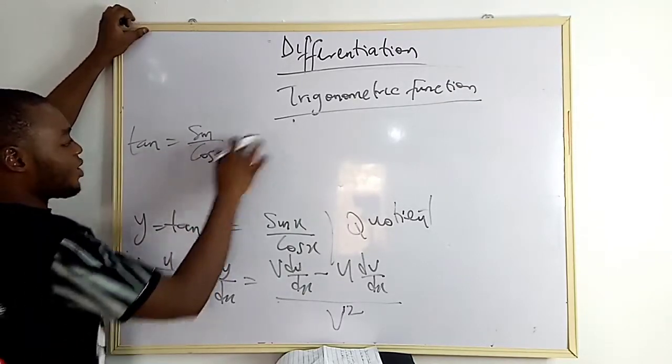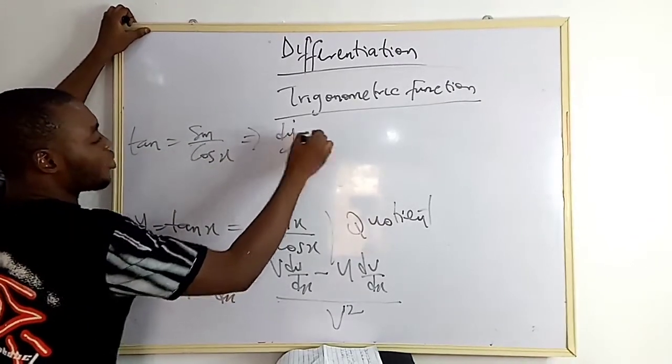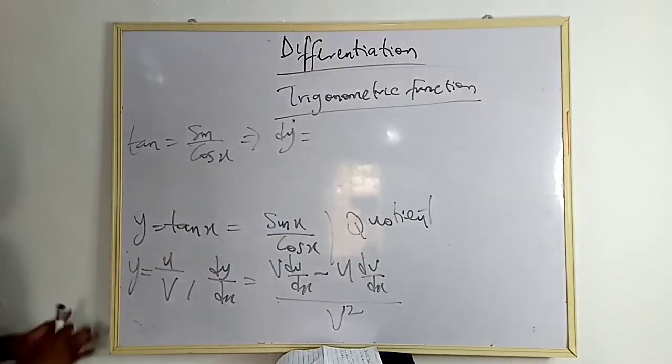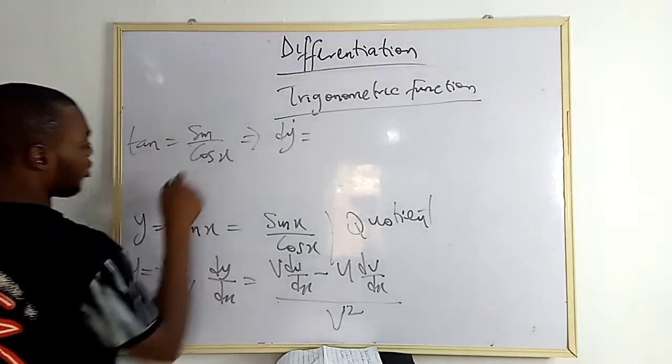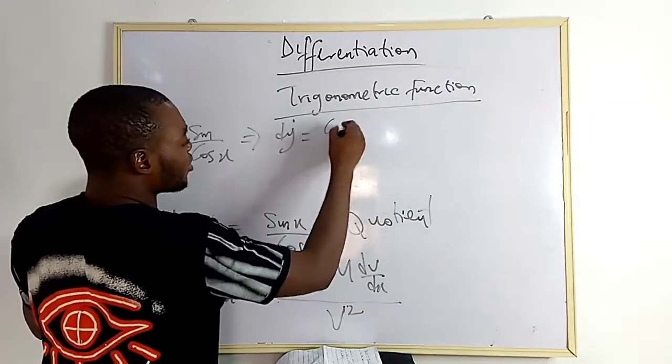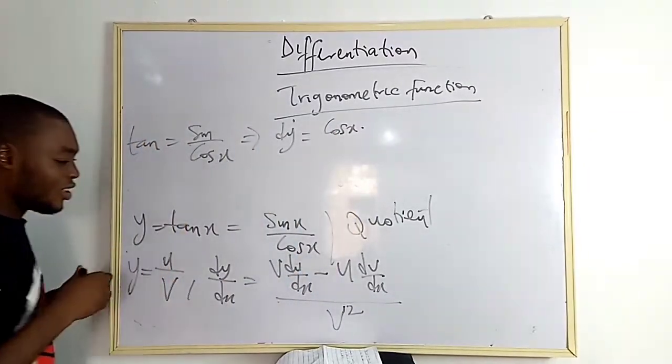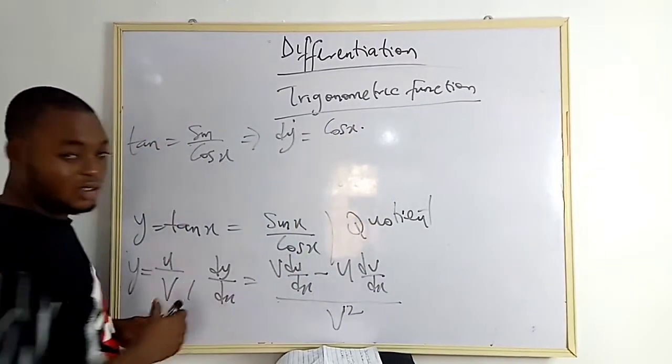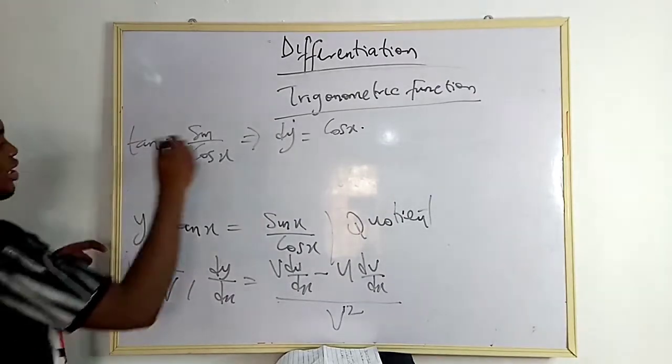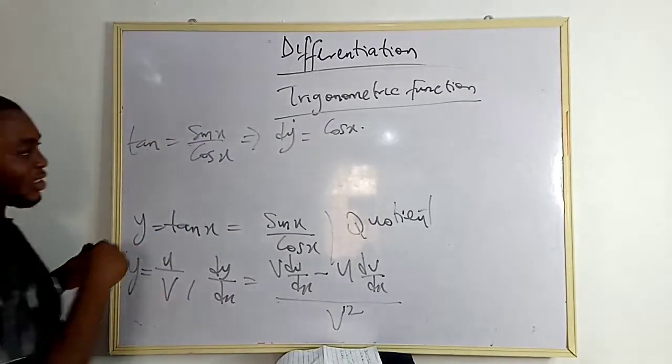To find dy/dx, we use the quotient rule. What's our v? Cos x, times du/dx. What's our u? Sin x, and the derivative of sin x is cos x.